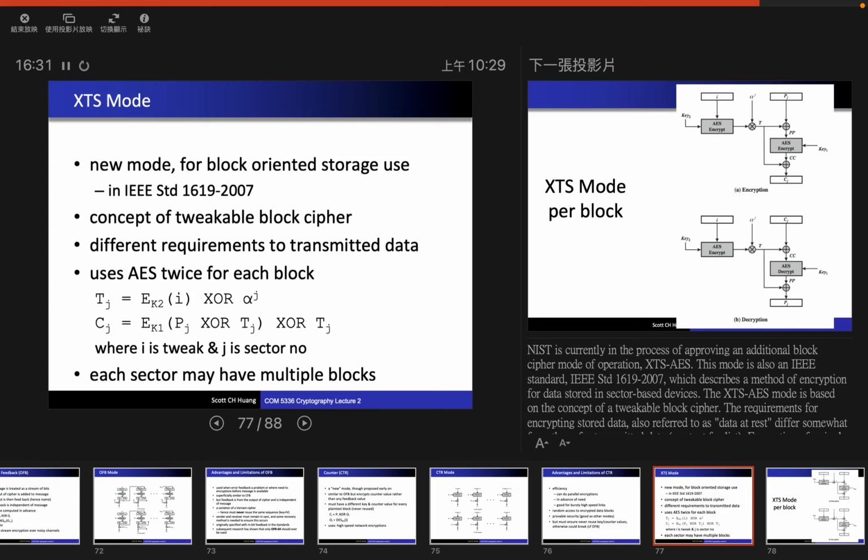The tweaked block cipher, this mode is actually used in lots of USB flash drives. That is why I think it is worth introducing.